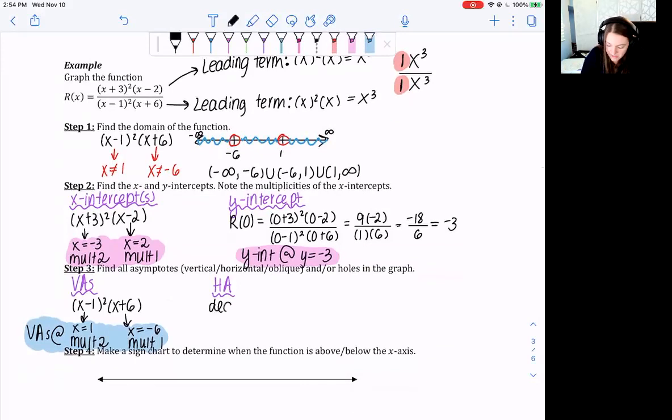So let me rewrite everything I've said. The degree of the numerator is equal to the degree of the denominator, which means there's a horizontal asymptote at y equals the ratio of leading coefficients.